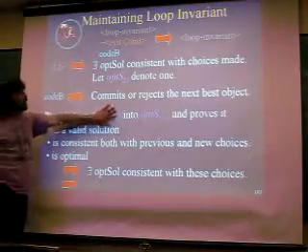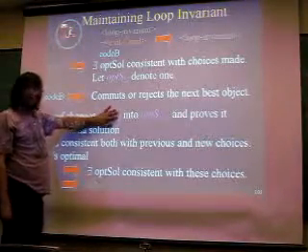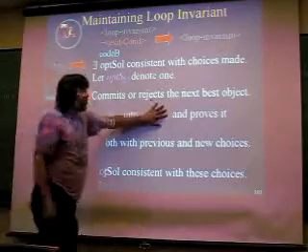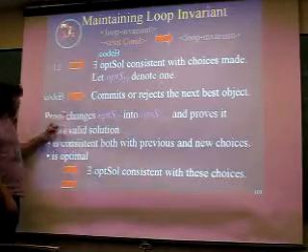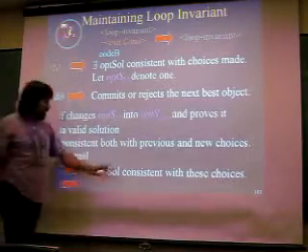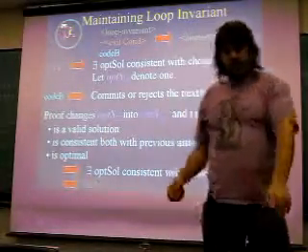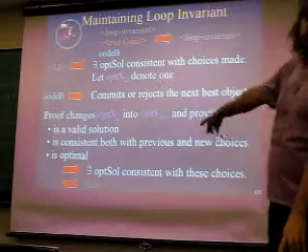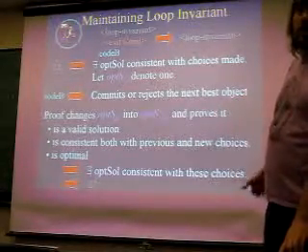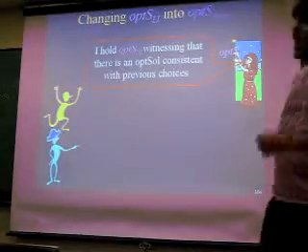Then we assume the fairy godmother is holding this optimal solution. We tell her how to massage it into a new optimal solution. Then she's holding this. We prove that this is valid, optimal, and consistent, and we're good to go. We proved the loop invariant. Everybody get the steps? Really, make sure you ask questions.